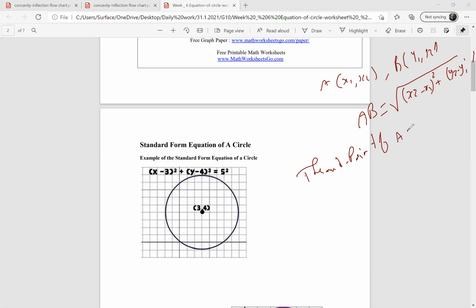And the midpoint of AB is C, for example. C equals A plus B divided by 2.